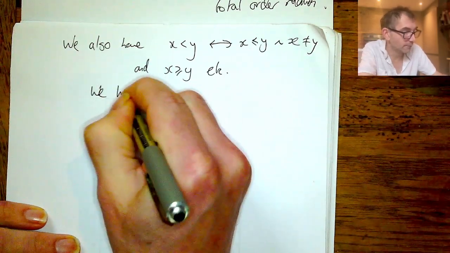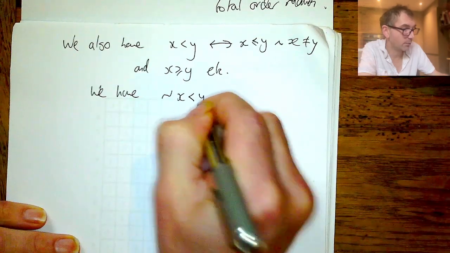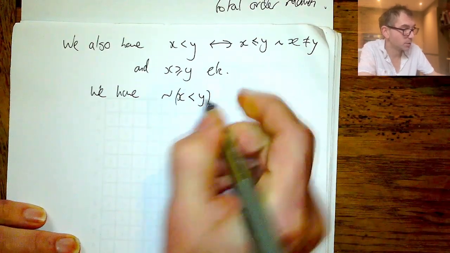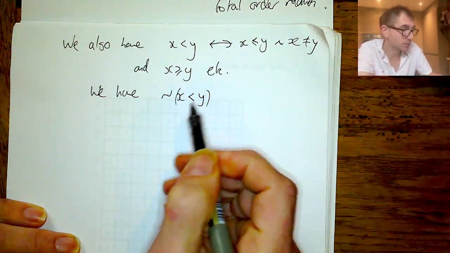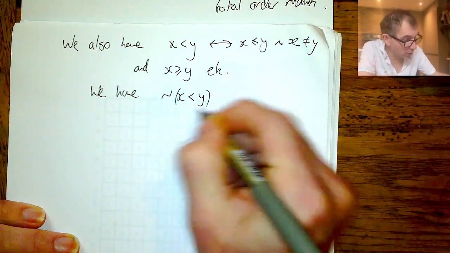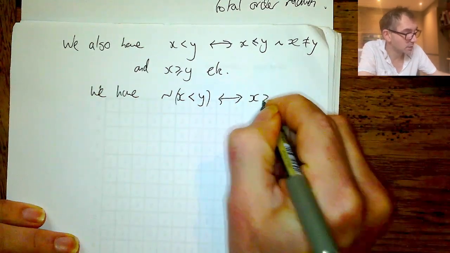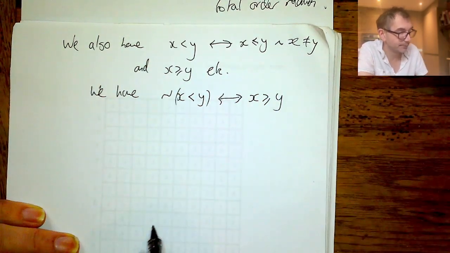So we have not x less than y. So this is a formula which is true or false depending on what x and y are. But not of that is the same thing as x bigger than or equal to y. Right?